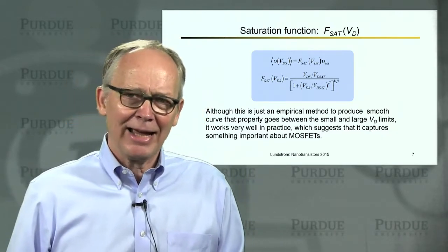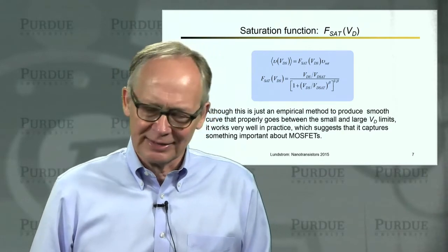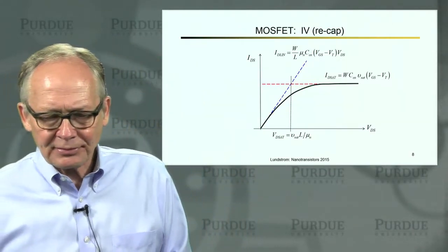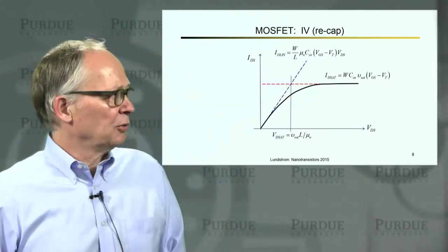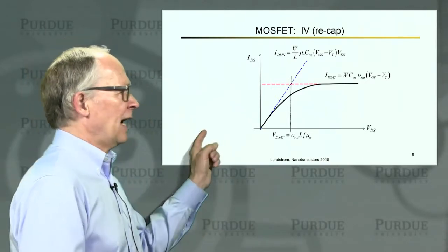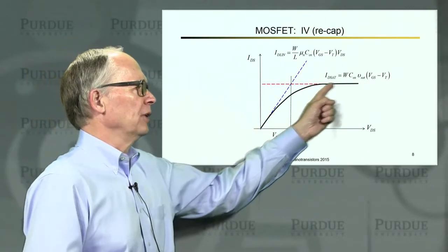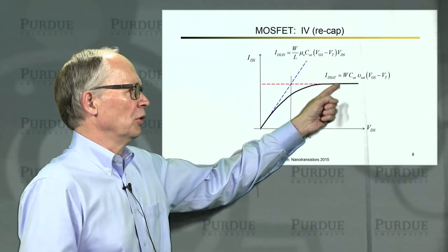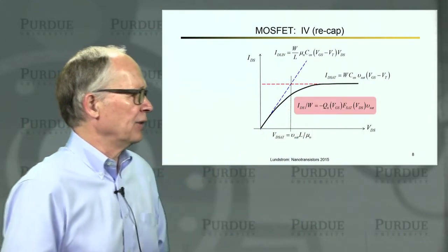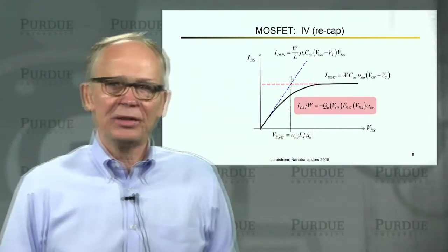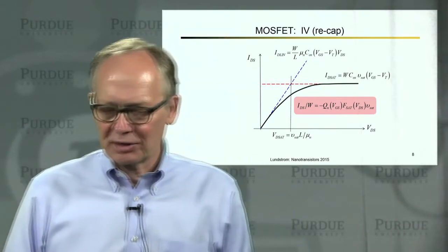So it seems to capture something important about transistors. So just to recap, we started with our two-piece model, and now we have a way to connect it smoothly from the right answer at the low drain voltage to the right answer at the high drain voltage. And we do that with this empirical drain saturation function, FSAT.